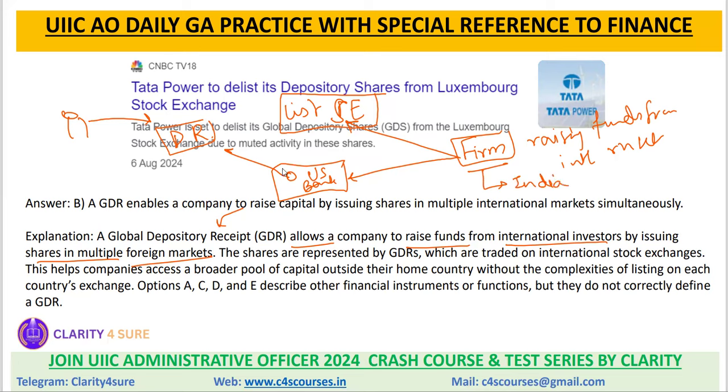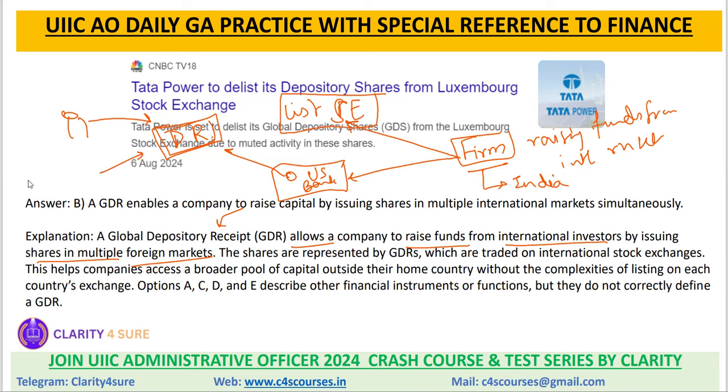So this receipt allows investors from other countries to participate in different countries' stock markets, buying shares of other markets without taking the shares directly.